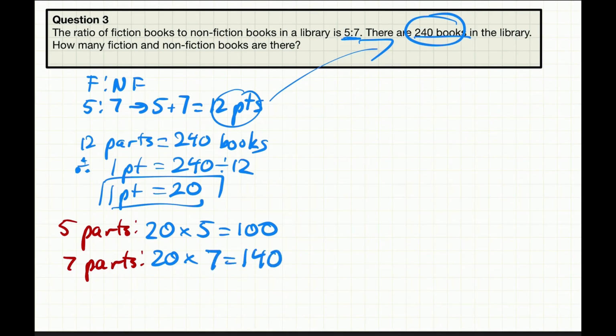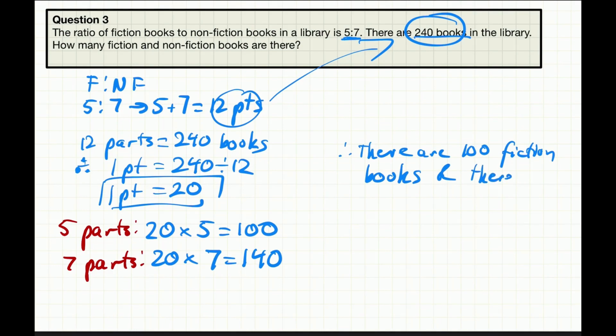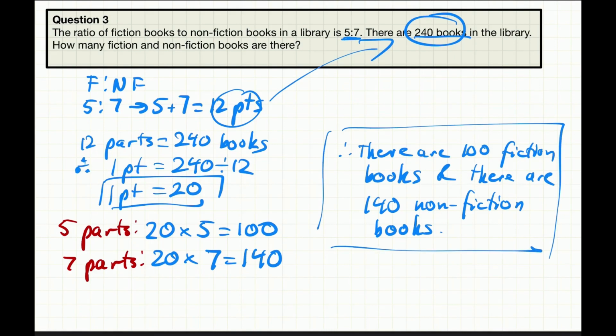From there, we can conclude that there are 100 fiction books, because fiction books represented 5 parts out of the total 12, and there are 140 non-fiction books, noting that the non-fiction books represented the 7 parts out of the total 12. Excellent.